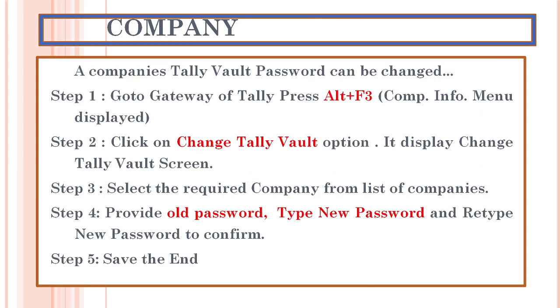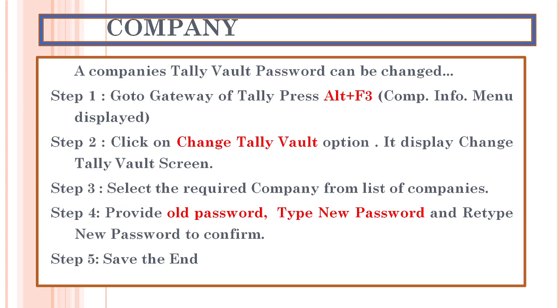Next. In the last previous section we discussed giving a Tally password for the company. If you want to make changes to the Tally password, you have to follow these steps. Click on Gateway of Tally, press Alt F3, company info will be displayed, and there click change Tally password.